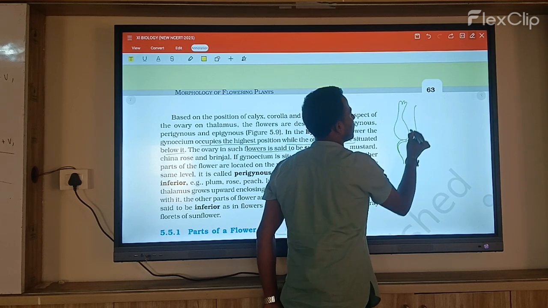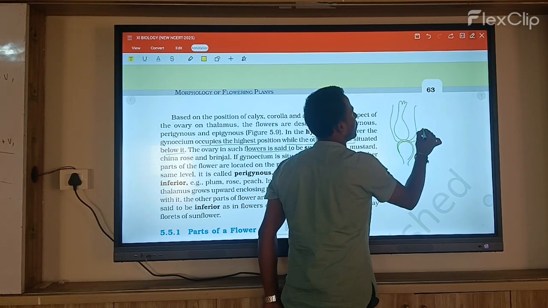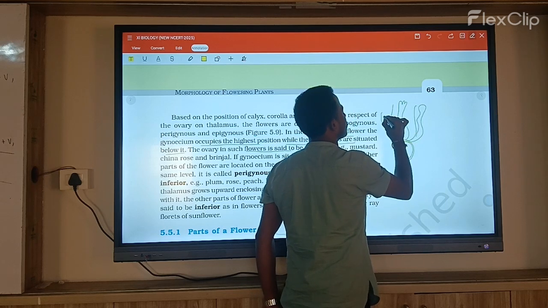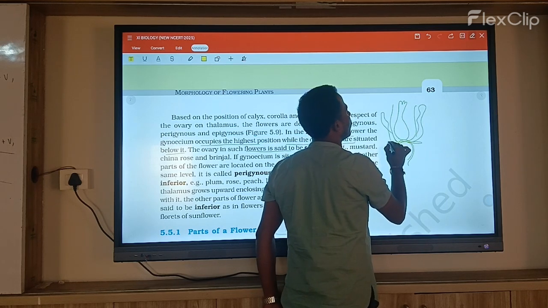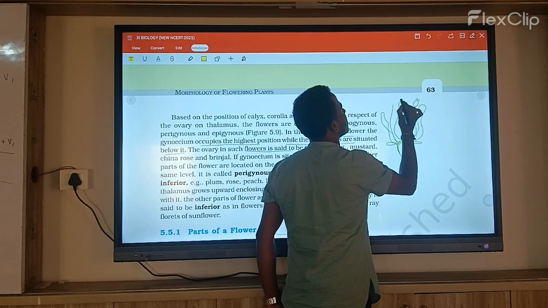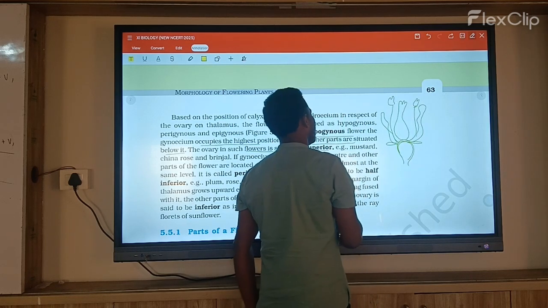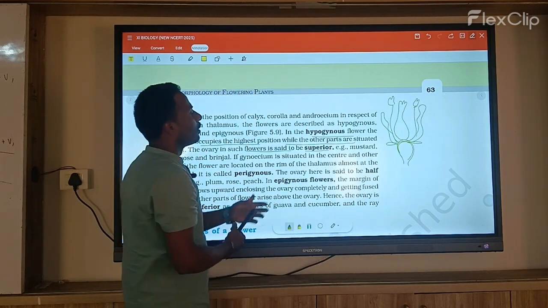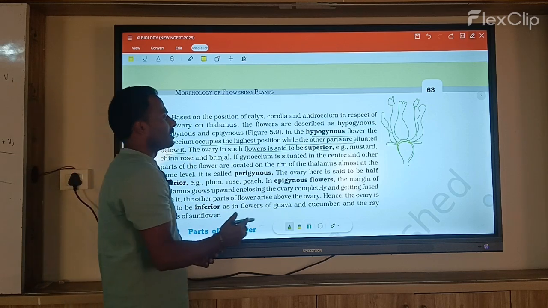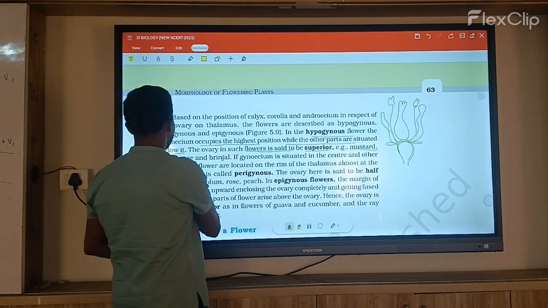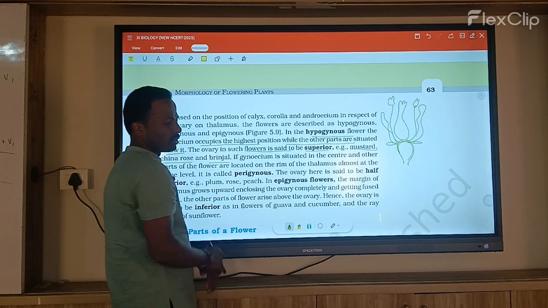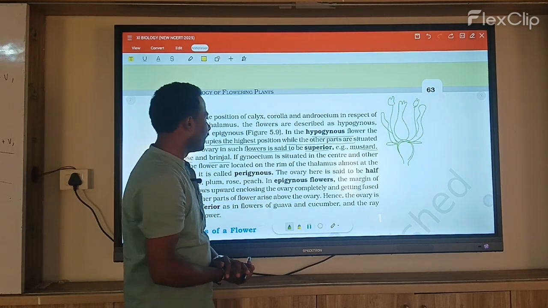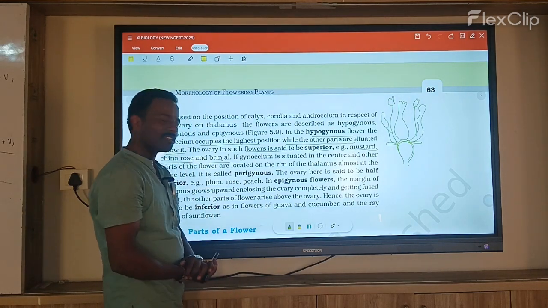The remaining parts are situated below the gynoecium. This condition is called a completely superior ovary, and the flower is a hypogynous flower. Examples are mustard, China rose and brinjal. These are the best examples for hypogynous flowers.